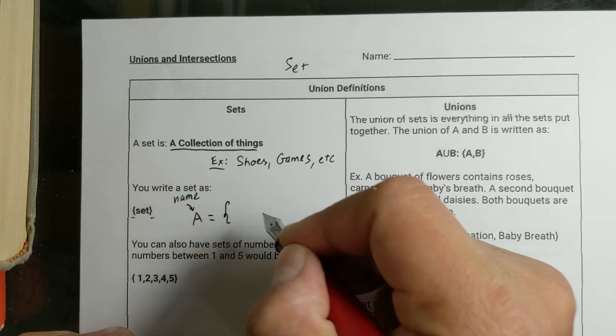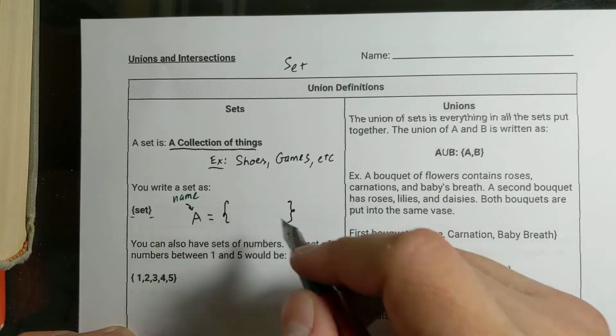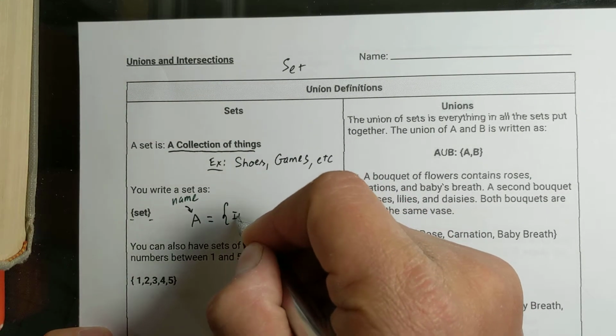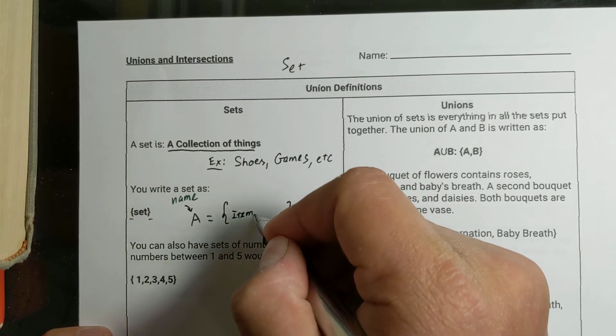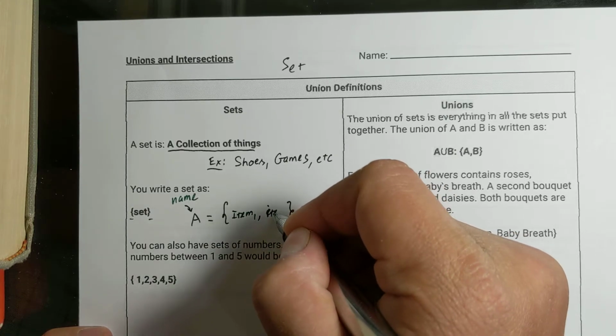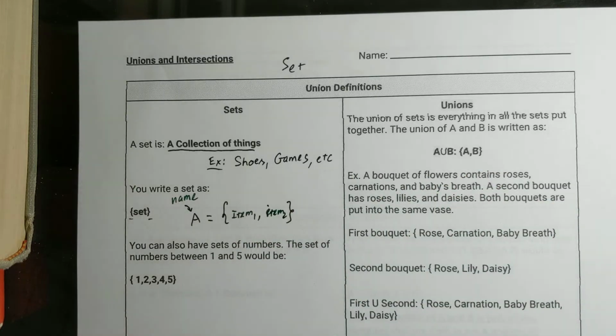You put the curly brackets when you list the items in the set. In the set you can have many items, like item 1, item 2, and so on.